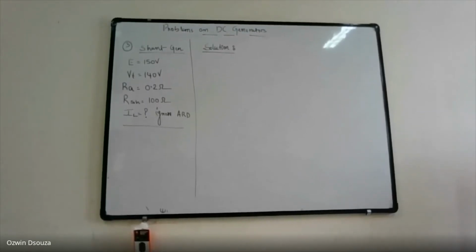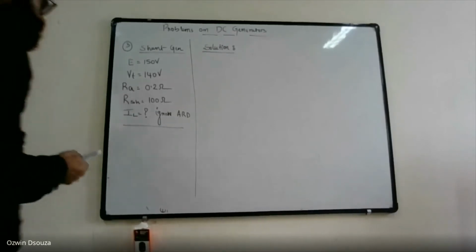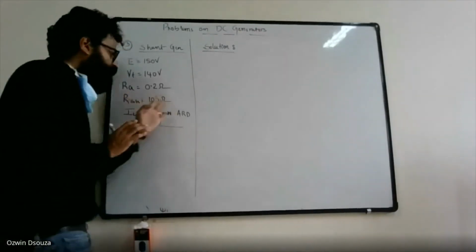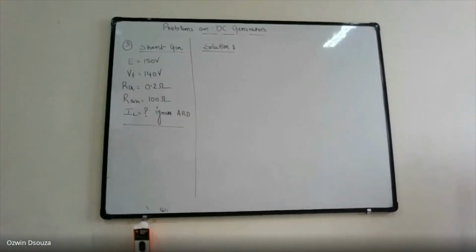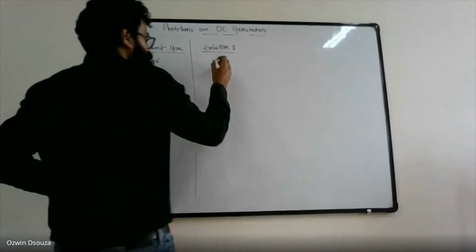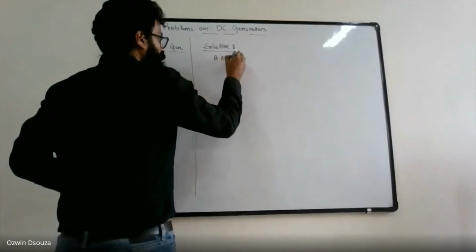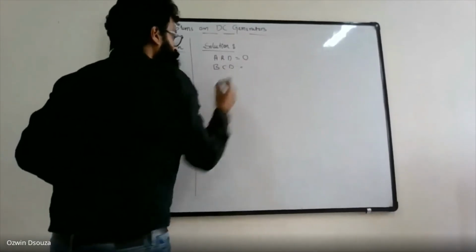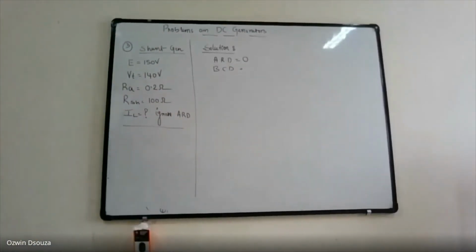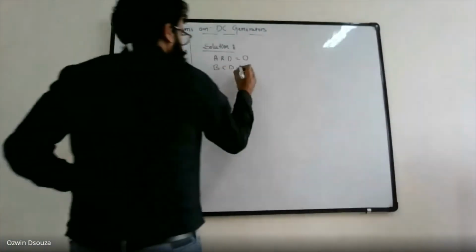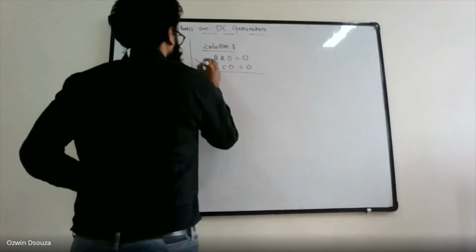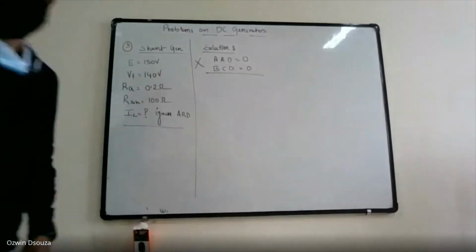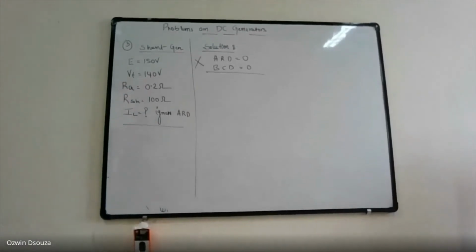Armature resistance is 0.2 and shunt field resistance is 100 ohms. And you are supposed to find the load current. Now, you have been asked to neglect the armature reaction drop. So, in the solution, you can write ARD is 0. And there is no information about brush contact drops. So, since there is no information, let us assume it as 0.